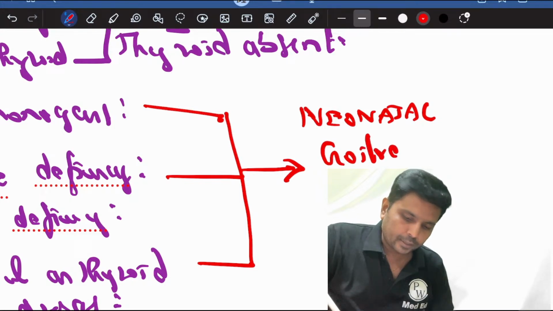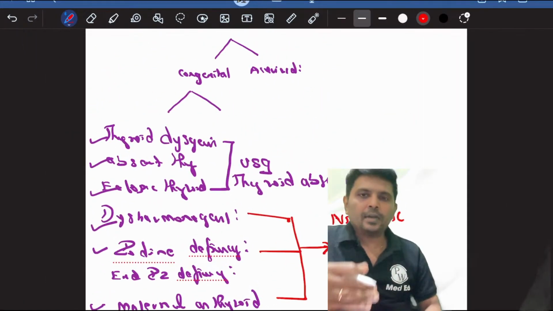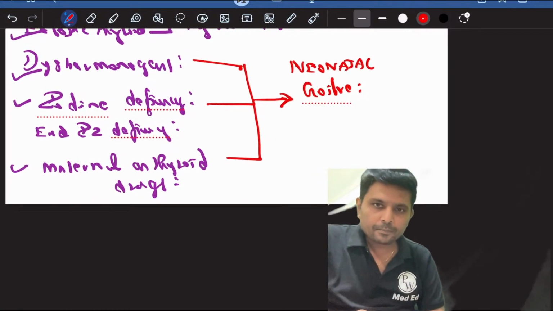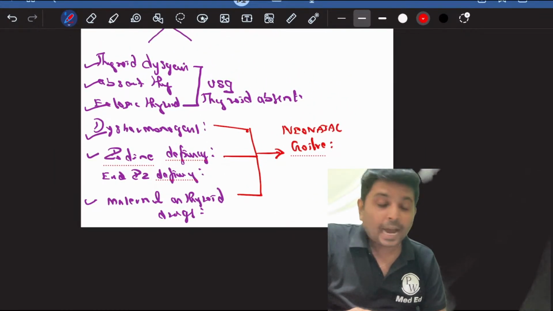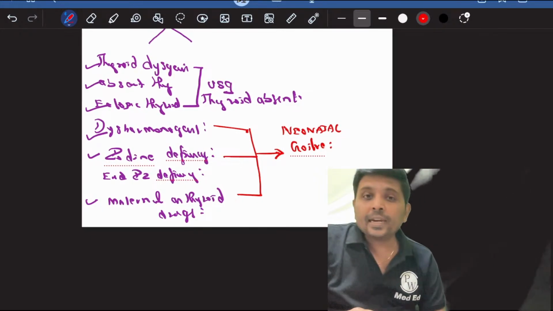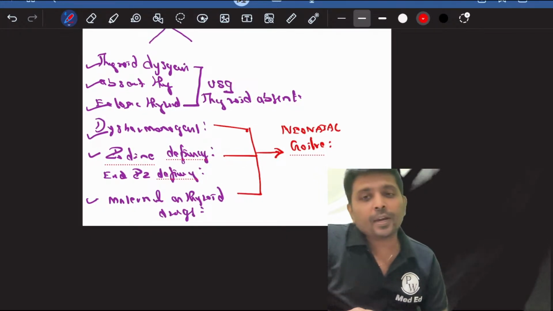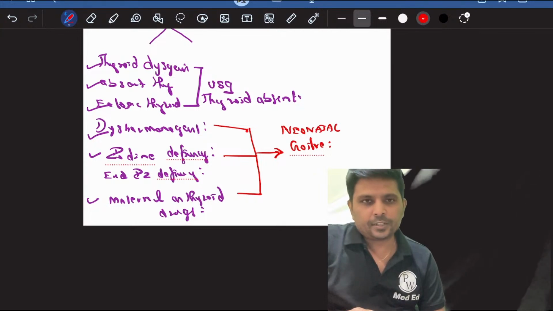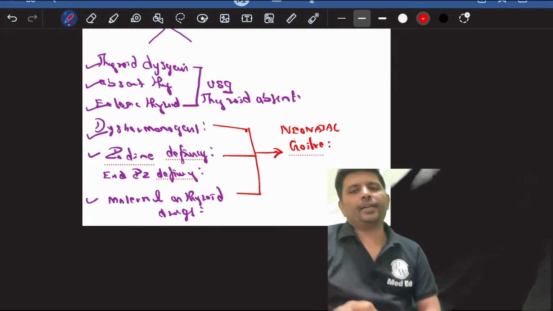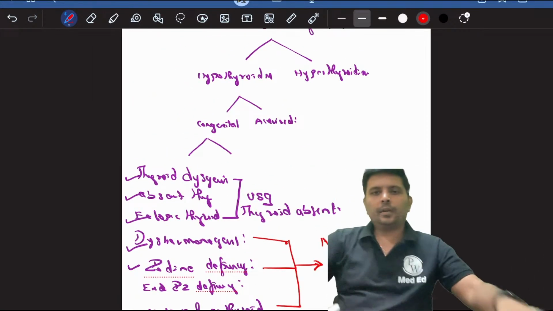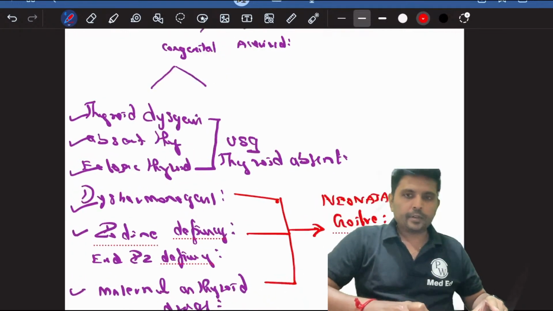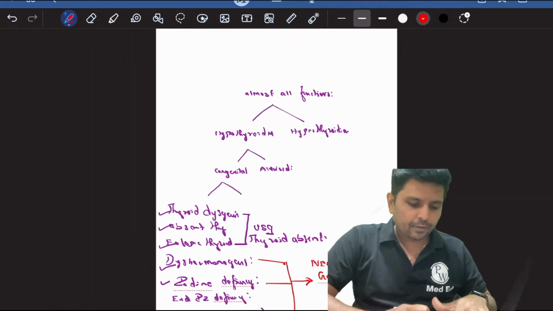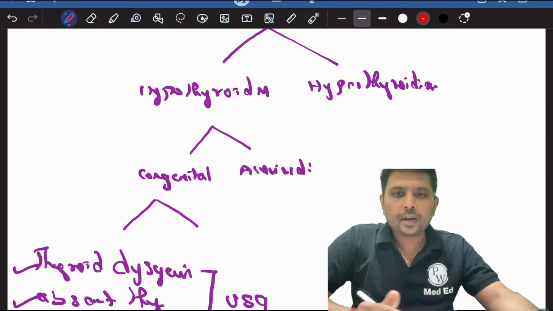So there are commonly 5 conditions. In the first 2 conditions, you will have absent thyroid, or even your ultrasound cannot pick up your ectopic thyroid gland. Whereas the other 3 conditions are associated with neonatal goiter.